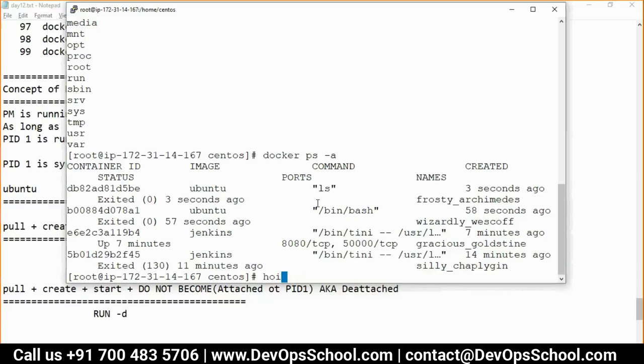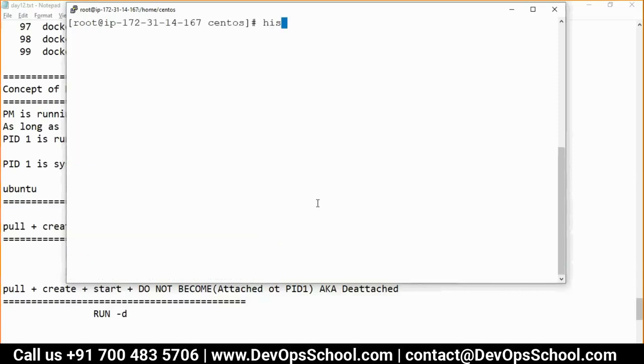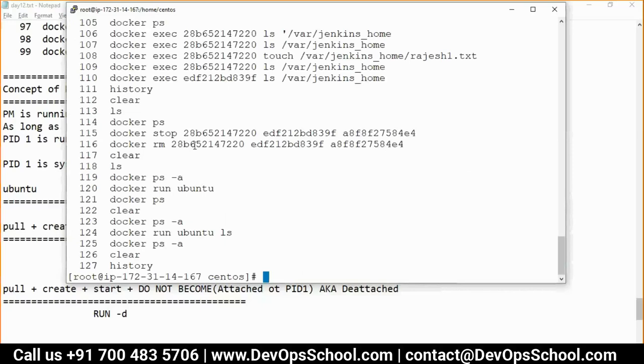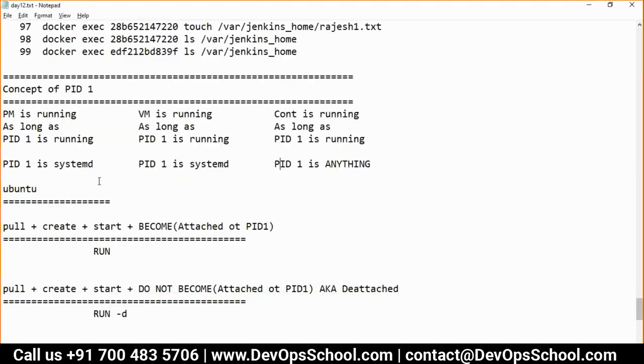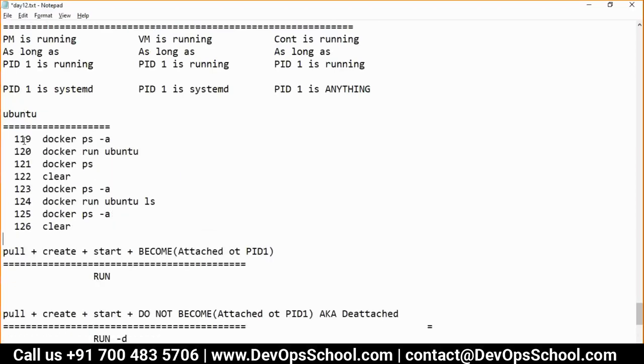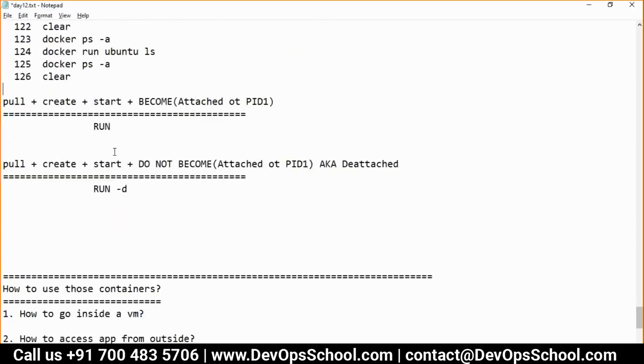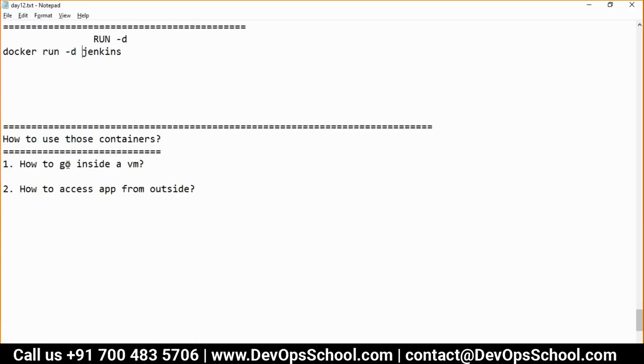Okay, guys. Now I am going to tell you about the commands I have written here, and how to use a container and go inside it.